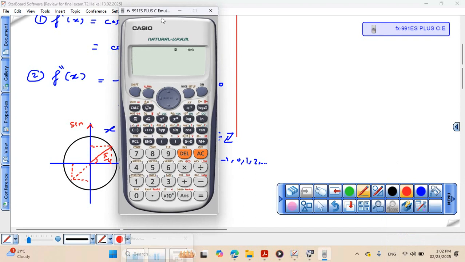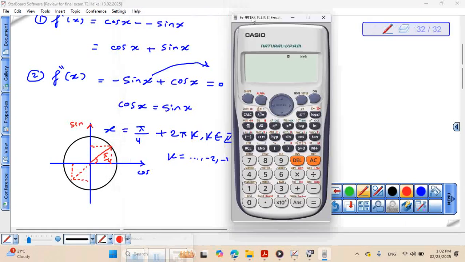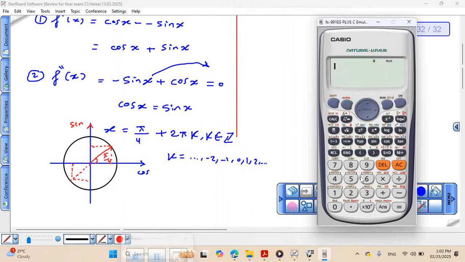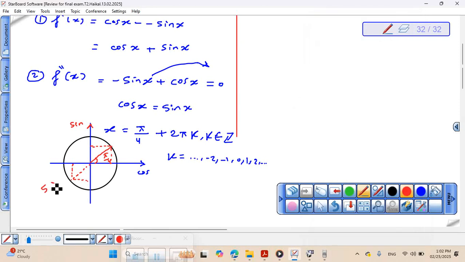This angle is pi over 4 plus pi. The answer is 5 pi over 4.